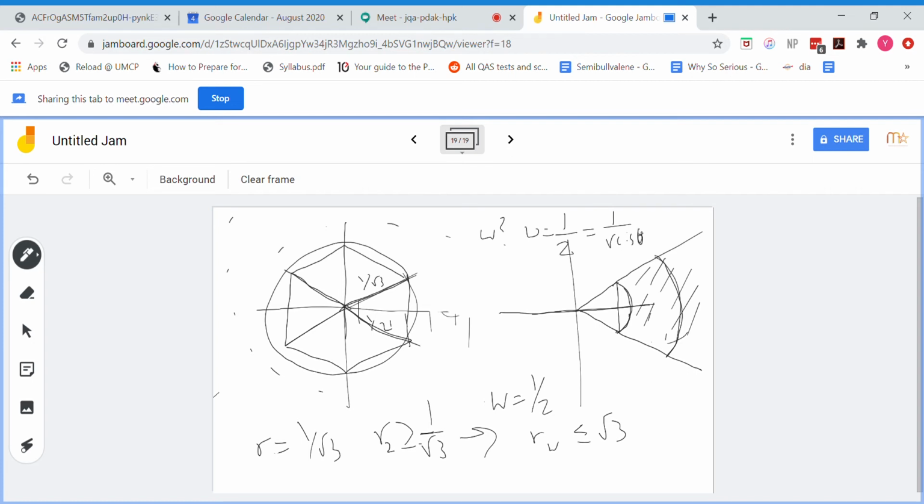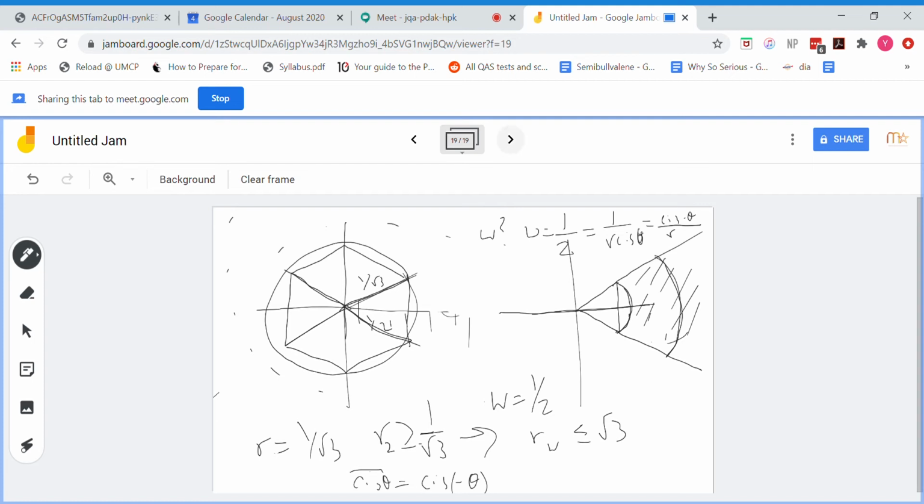And the conjugate of cis theta is clearly just cis of negative theta, right? You can check that if you want. So if we multiply the numerator and denominator by cis of negative theta, this gives us cis of negative theta over r.